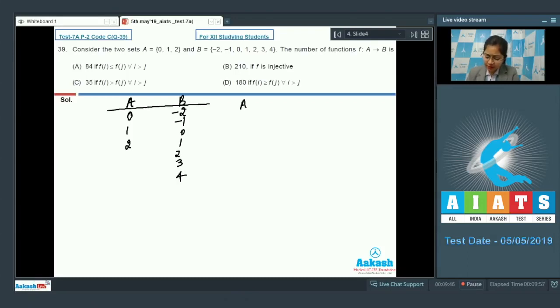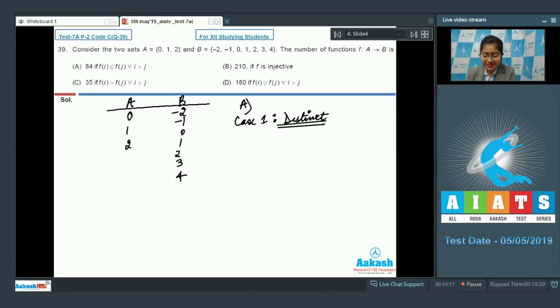Now, option number A says that for all i greater than j, f(i) should be less than or equal to f(j). Now we have three cases here. That is, the elements of A have distinct images in set B. Case 1, when all three images are distinct.